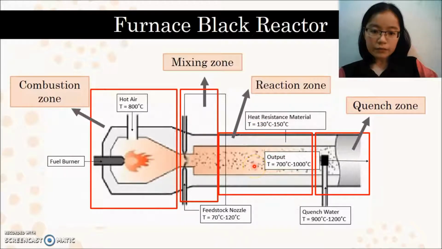When the reaction is done, the product will be at a temperature of 700 degrees Celsius to 1000 degrees Celsius and will go to the last zone, which is the quench zone. The quench water will produce at the temperature of 900 degrees Celsius to 1000 degrees Celsius.